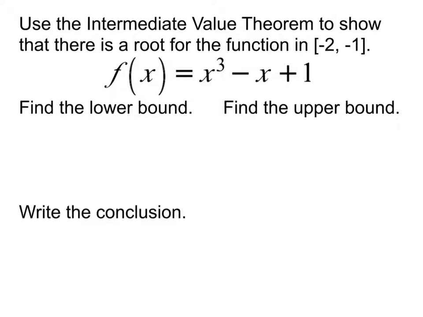Root is just another fancy term for x-intercept. So in other words, I'm looking to see when f of x equals 0. That's what the root is. So we're going to look to see, is there a root, or in other words, is there a place where y equals 0 between -2 and -1 here?